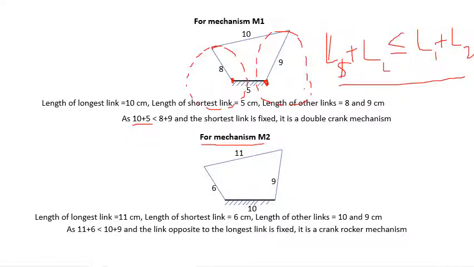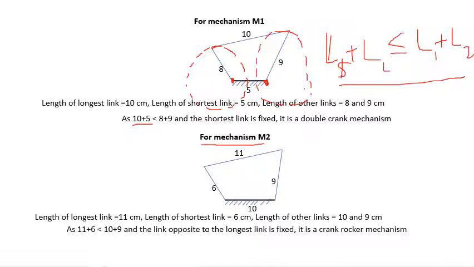In the second mechanism, first we have to identify which is the longest link. In this mechanism, the longest link is 11 and the shortest one is 6. So this is longest, this is shortest. The lengths of the other links are 10 and 9.